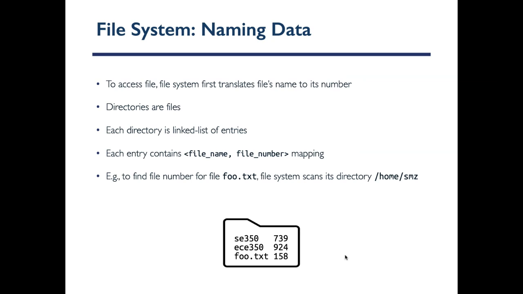So going back to the definition of file system, we need 2 properties. We need to be able to name our files, so we need to have a naming system. We also need persistency. We need to be able to store our files in a persistent manner.